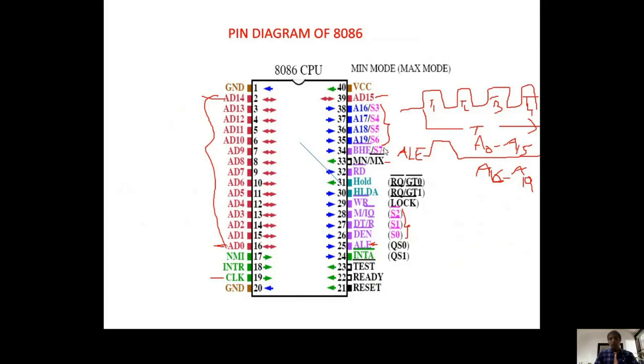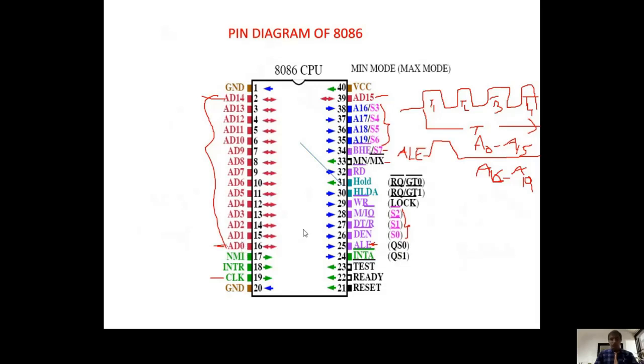This pin is also separated into pure BHE bar and S7 with the help of ALE and a latch. Here also, during the first part of the machine cycle, ALE must be high. Then after that we get BHE bar separately and S7 separately. Based on the selection of BHE bar and lower address line A0, the processor performs different functions.